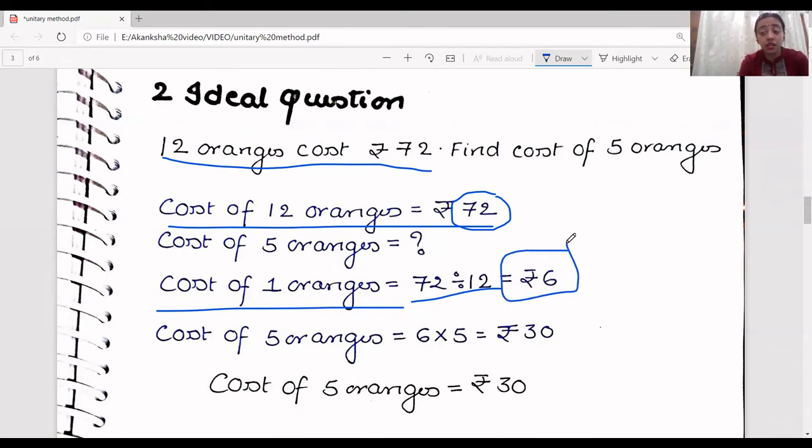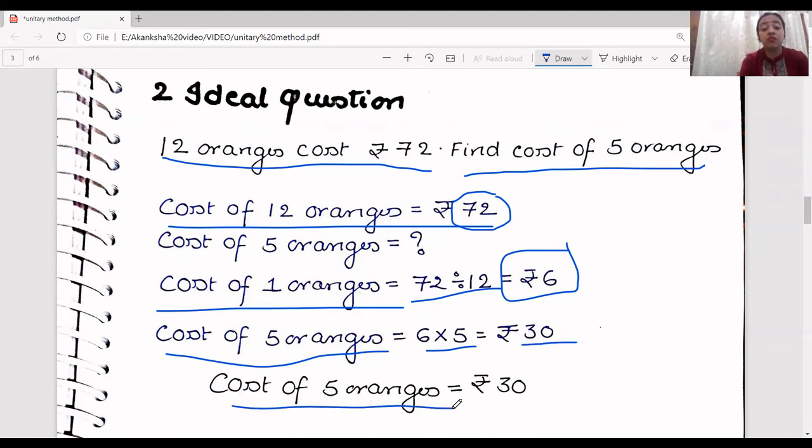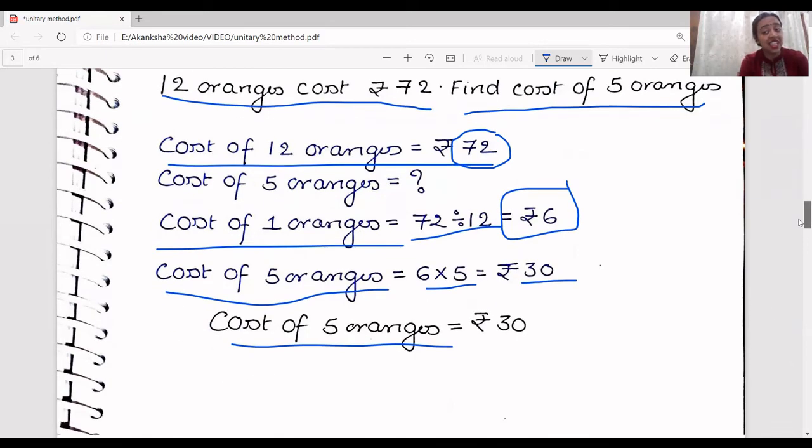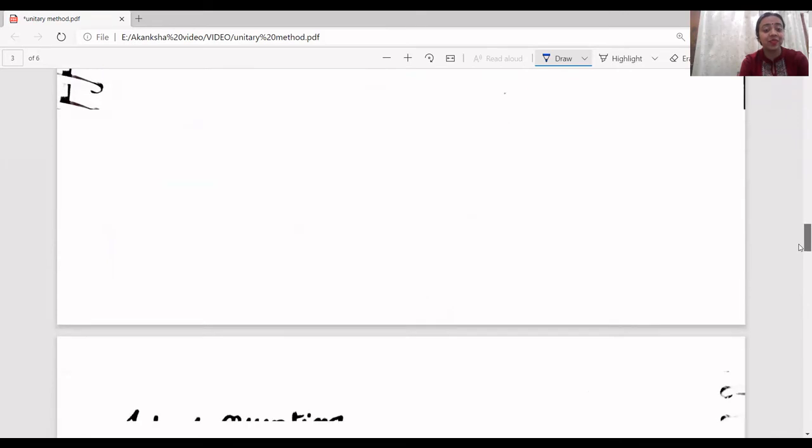So one orange is costing rupees 6. And how many oranges do you want to buy? You want to buy 5 oranges. So the cost of 5 oranges will be 5 into the unit price. The unit price is 6. So 5 into 6 is going to give me 30. So 30 rupees I'm going to pay for buying 5 oranges. So 5 oranges will cost me rupees 30.